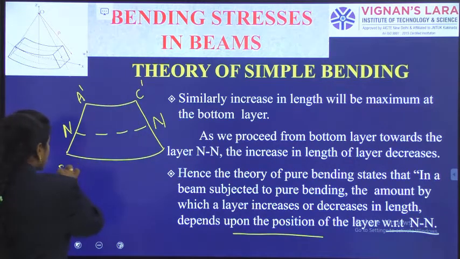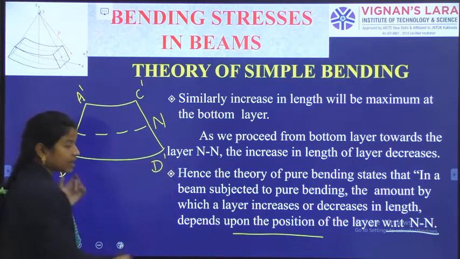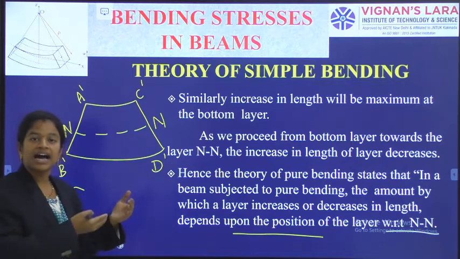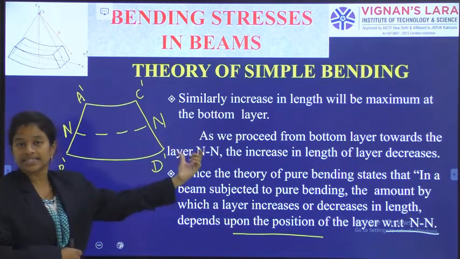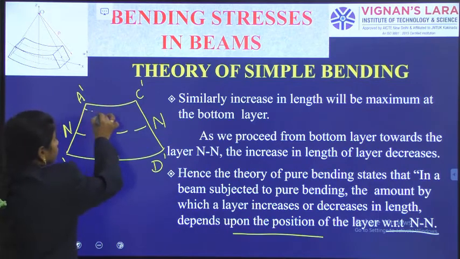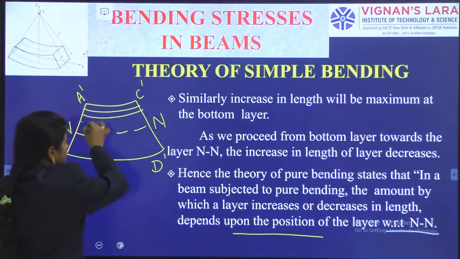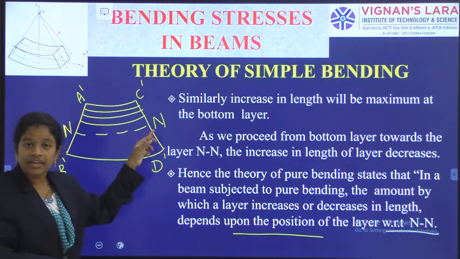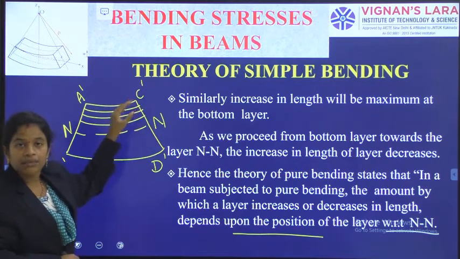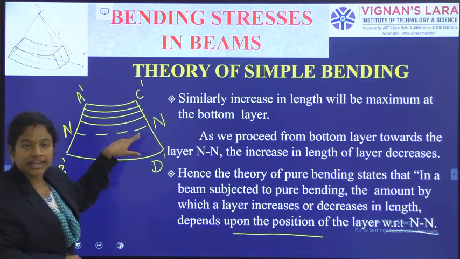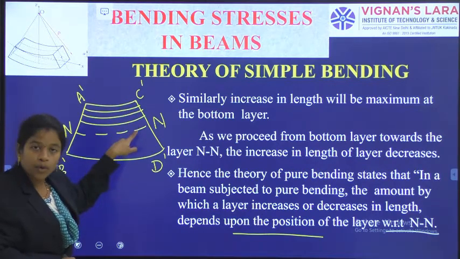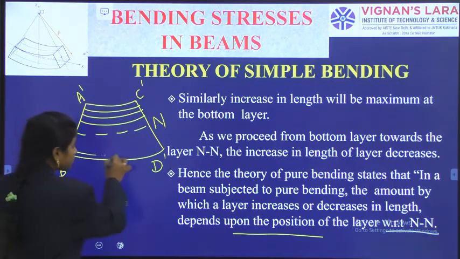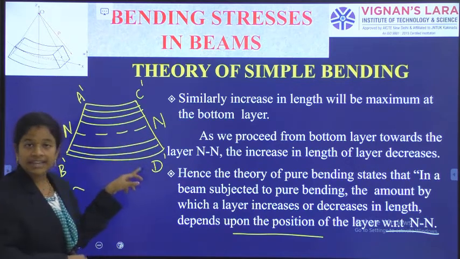Similarly, this bottommost layer has the highest elongation, nothing but it has shown more increase in the length. When we are reaching towards the ends, what is happening? When I am more away from the neutral layer, more decrease in the length is observed. Similarly, when I am more away from the neutral layer, more increase in the length is observed.